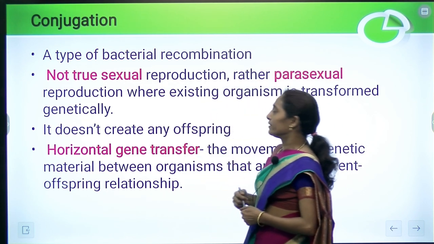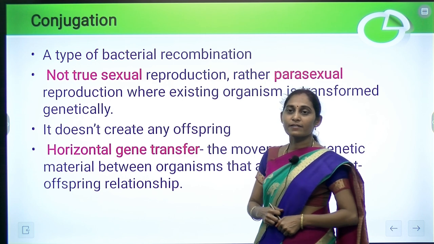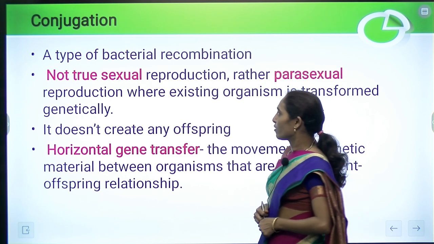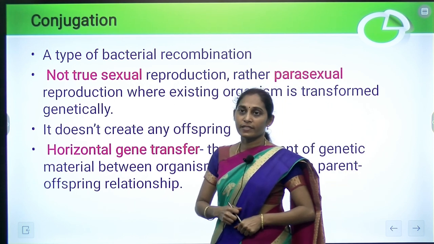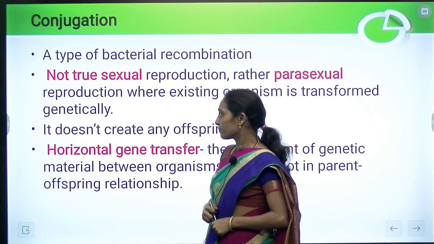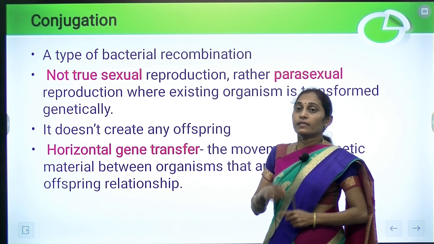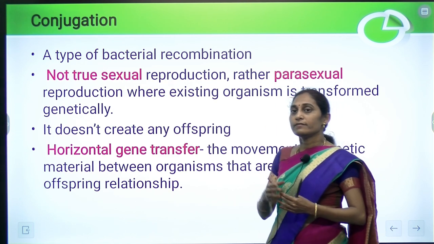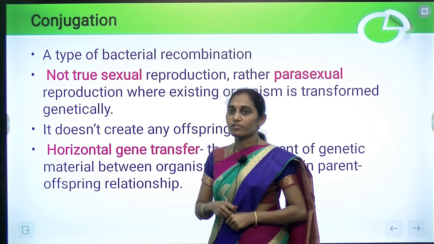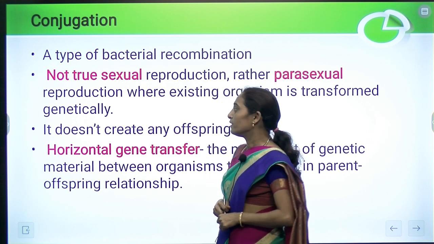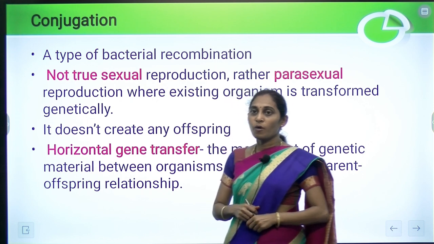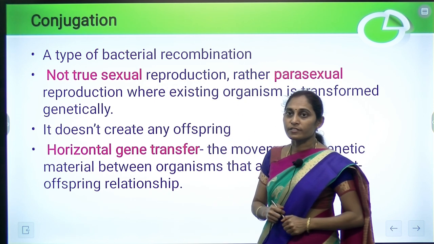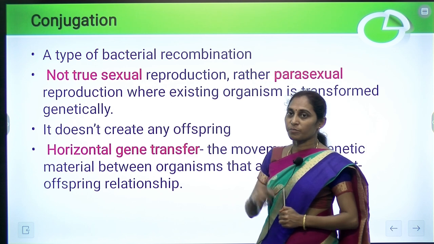Rather, it is considered a parasexual reproduction because the existing organism's genetic material gets transformed, and the mode of genetic material transfer is known as horizontal gene transfer. That means there is no parent offspring relation between the participants.